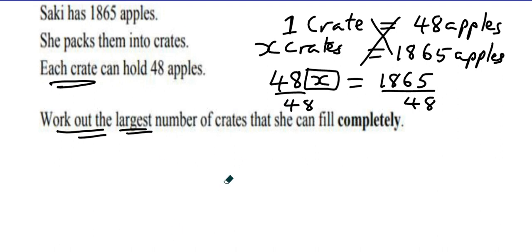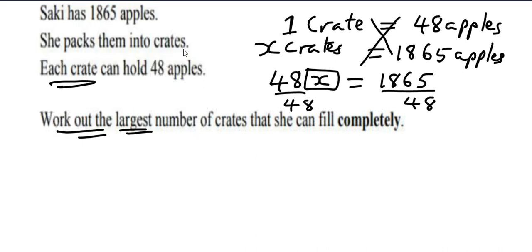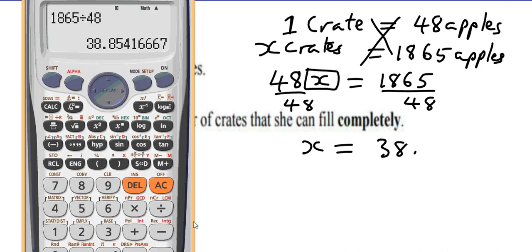Pull out your calculator and do 1865 divided by 48. The answer will be 38 point, so the number of crates, which is X, will be 38.85.